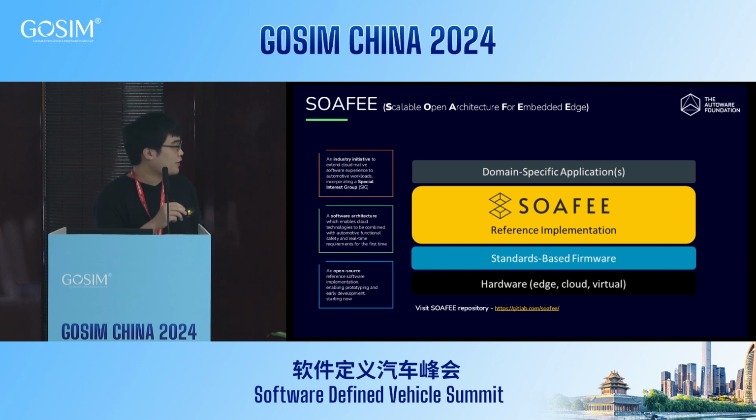SOAFEE is also open source. And as the Autoware Foundation, we use their deliverables to test our autonomous driving features, to see if they work on top of the SOAFEE framework, to make sure it can abstract the underlying OS and hardware used in the actual product.